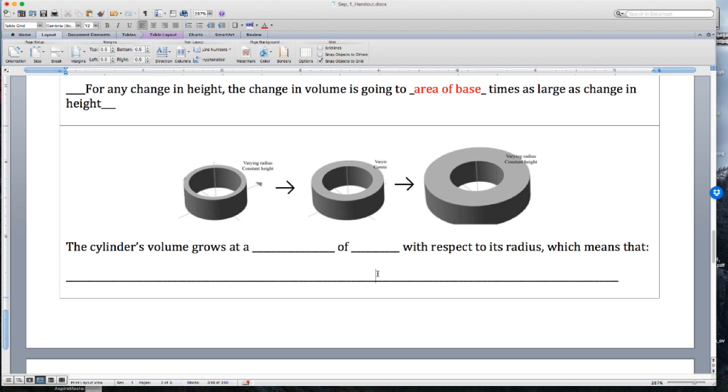It's not just the height. The varying rate. It's a little more complicated.